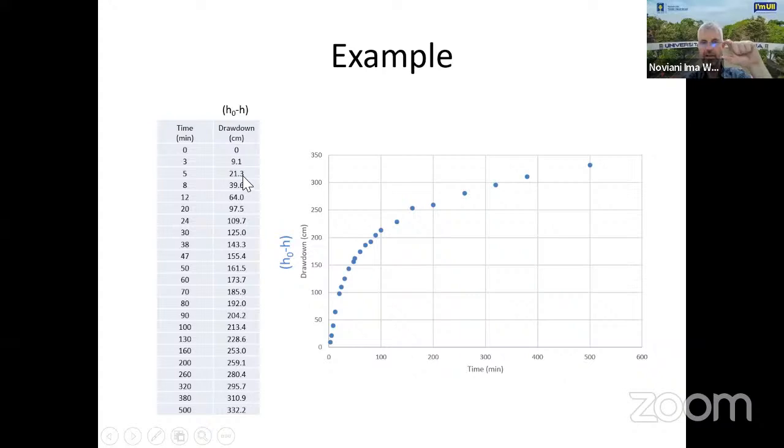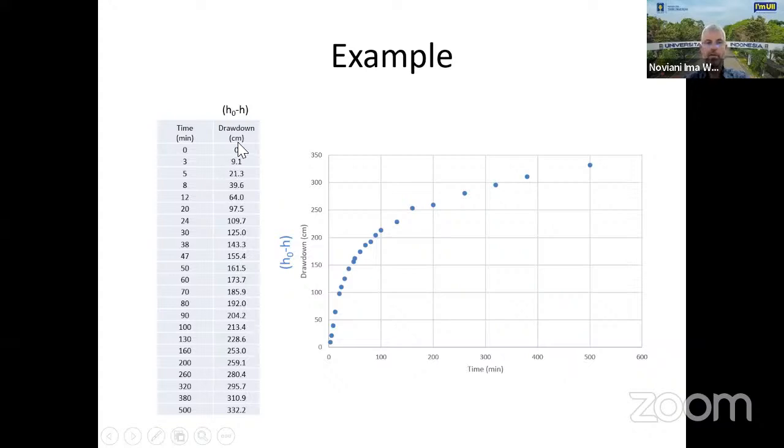After 5 minutes, 21 centimeters. After 90 minutes, 204 centimeters. And at the end of the test, in this case, the drawdown is 332 centimeters. So for each aquifer, these numbers will change.